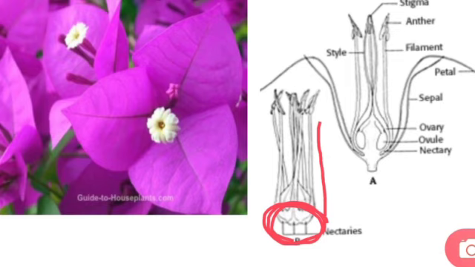This type of cells that produce nectar are known as nectaries. I think all of you know the nectar is consumed by insects, and this movement of insects from one flower to another flower results in pollination.